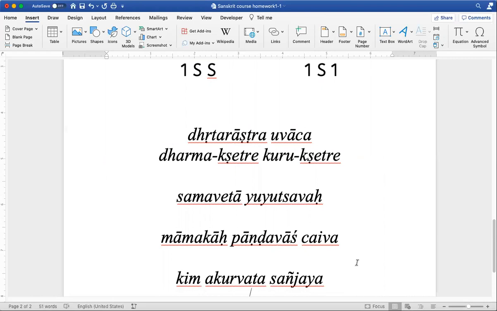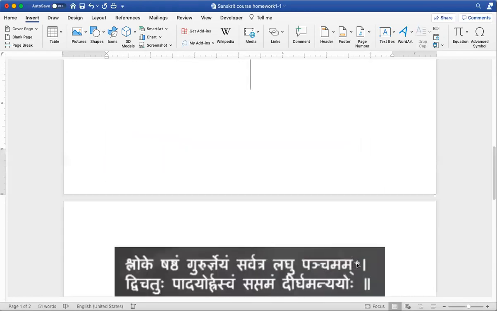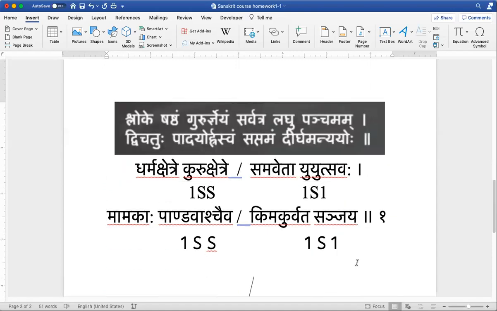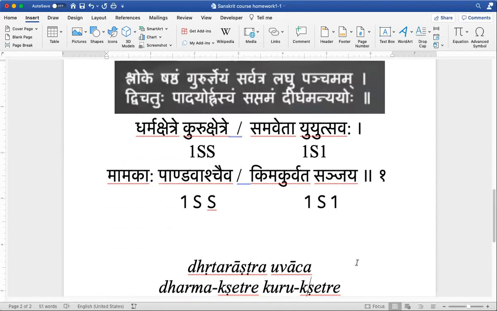Samaveta yuyutsavaha, mamakaha pandavaschaiva kimakurvata sanjaya. In this way it's divided into 8 syllables each, and that is called Anustubh.